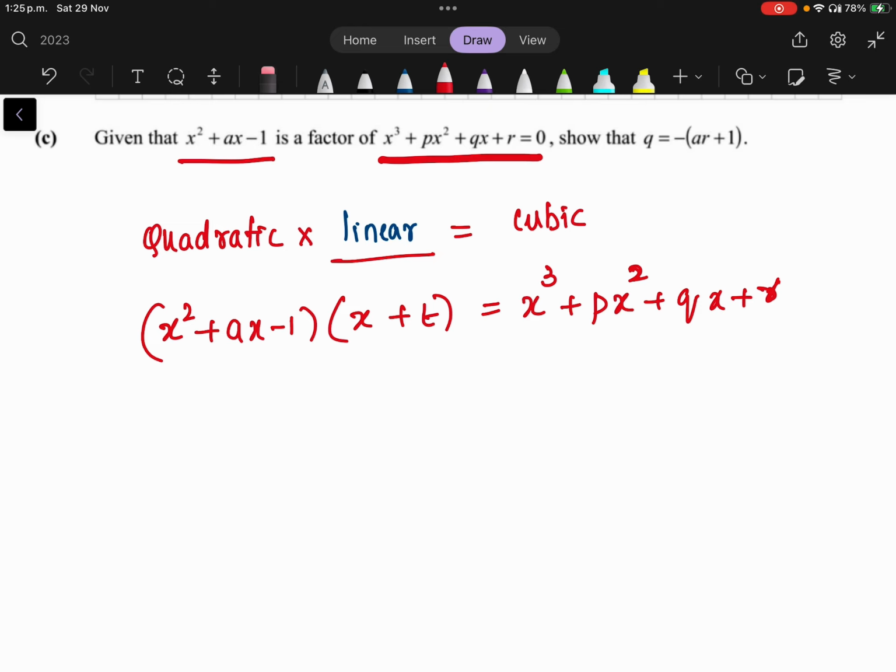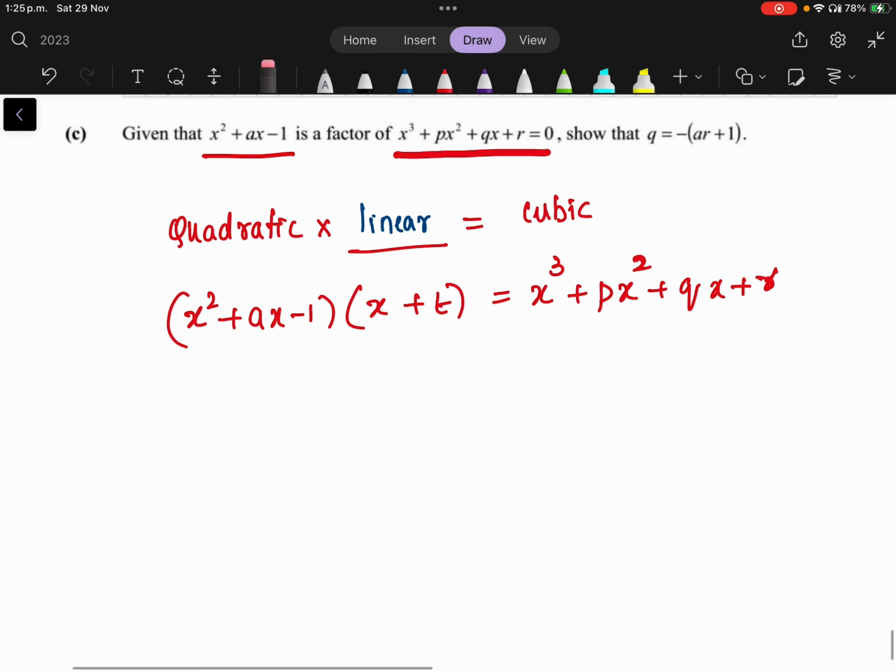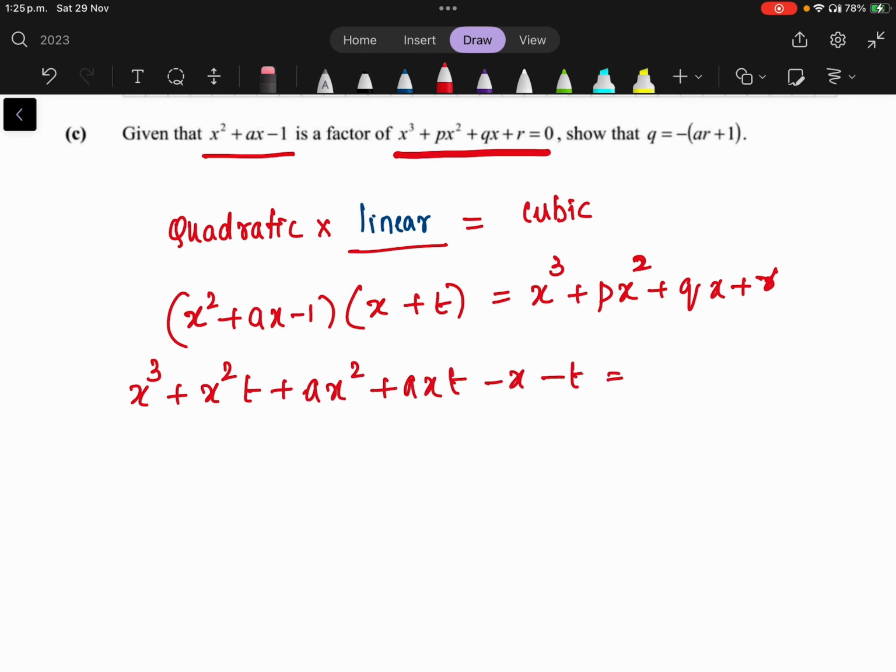Now the important thing is you simplify this side and then equate it with the same coefficients on both the sides. So if I need to simplify the left hand side, I will write this as x cube plus x square t plus ax square plus axt minus x minus t is equal to x cube plus px square plus qx plus r.